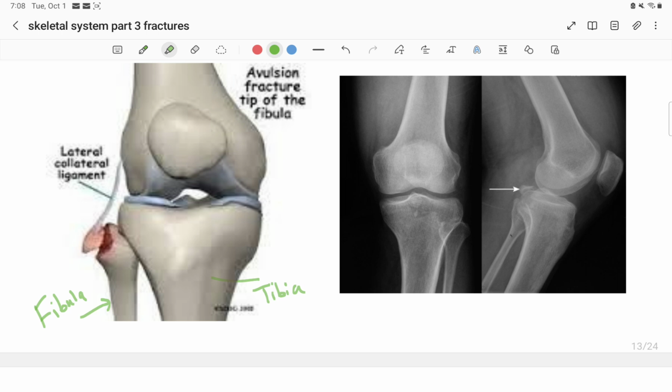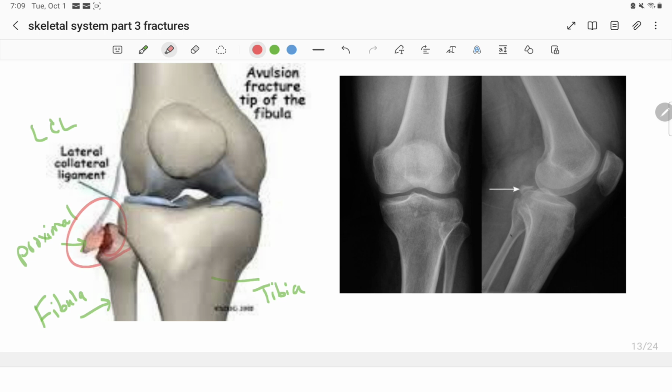But just also know that in a clinical setting, it's not unusual for people to use the slang like tib, fib. In this case, the proximal area of the fibula has the lateral collateral ligament, so that's the LCL, pulled a chunk of bone off of itself, so that's an avulsion fracture.